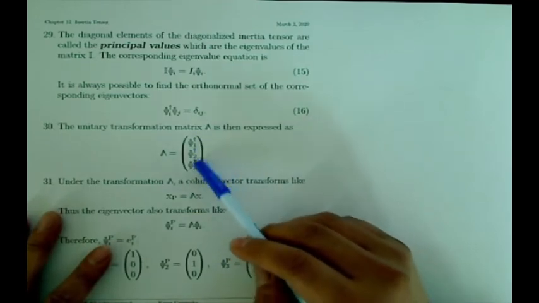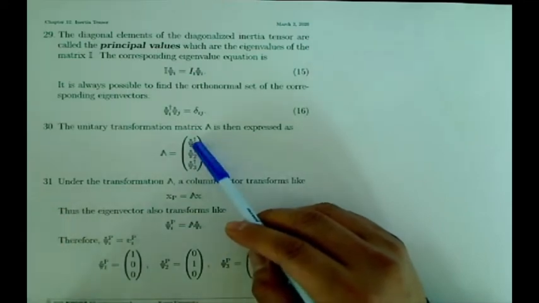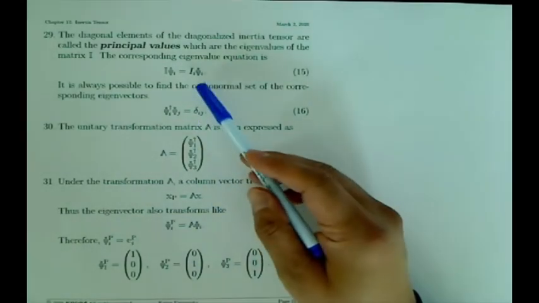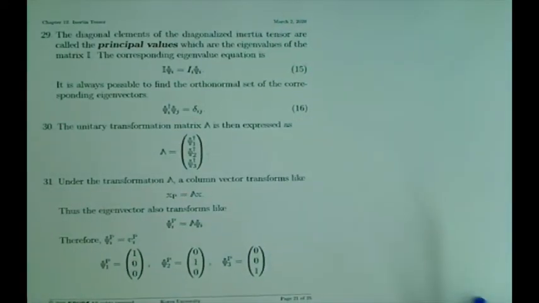And these eigenvectors can be found by solving the eigenvalue equation of that inertia tensor. And here, the eigenvalue capital I represents the principal value for the eigenvalues.